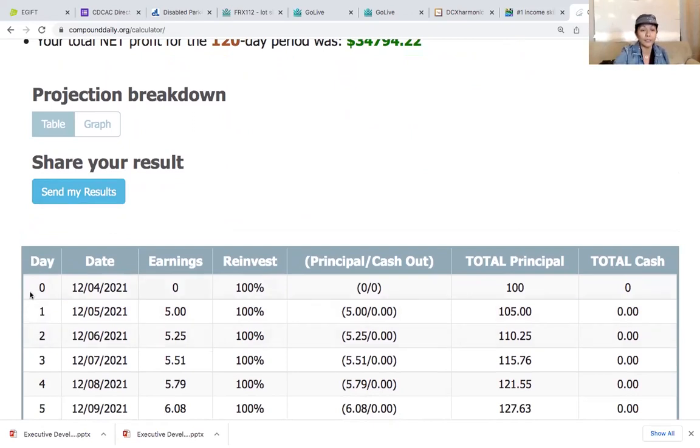So for example, on day one, your goal would be to earn $5 here. You're going to keep that profit in there, assuming you did win $5. And then the next day, you're going to invest $5.25, or your goal, excuse me, would be to earn that.